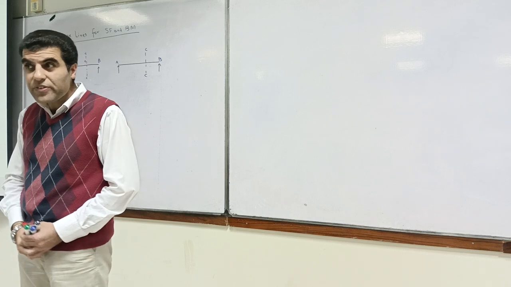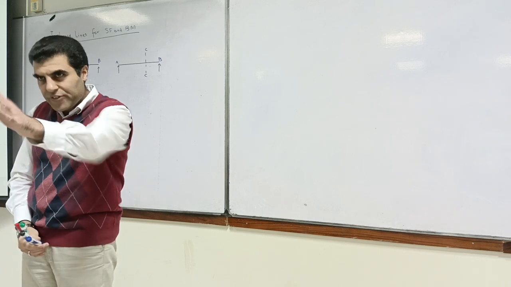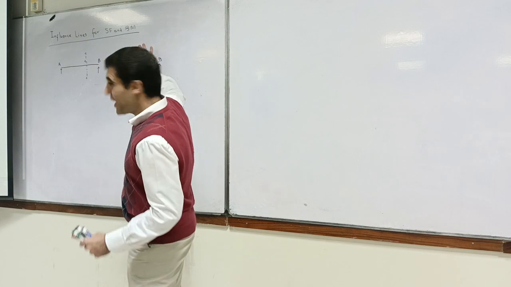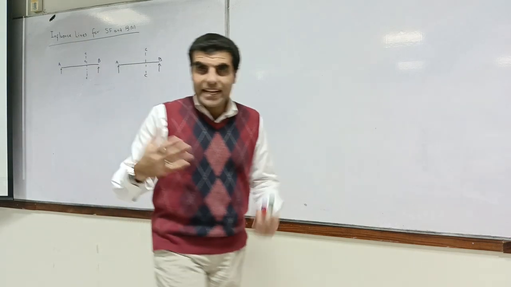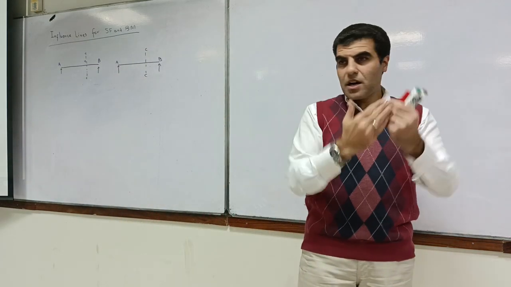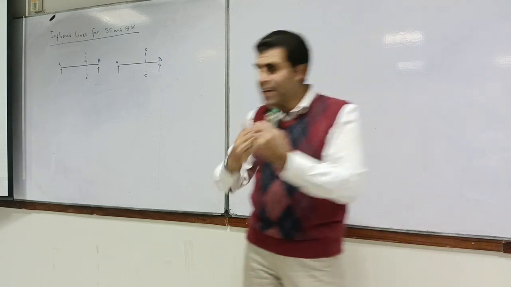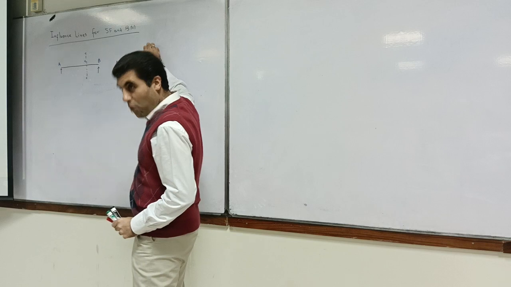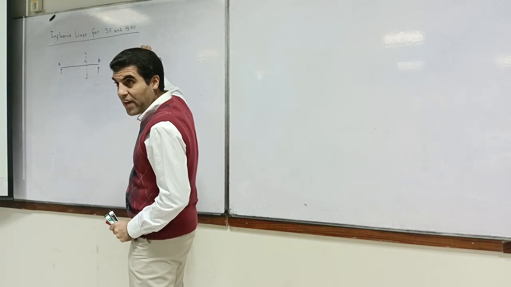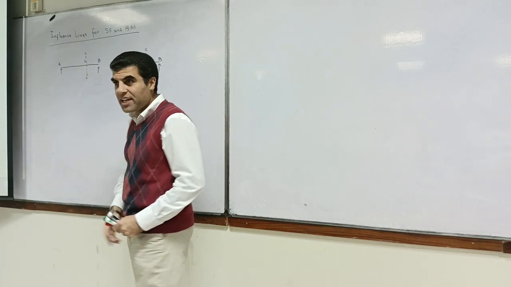An internal hinge releases moment. The internal hinge doesn't take any moment, isn't it? So in the case of moment, yes, we have to place an internal hinge. But what do you think in the case of shear?